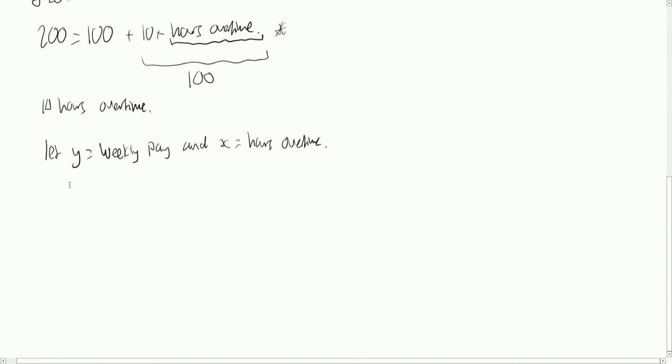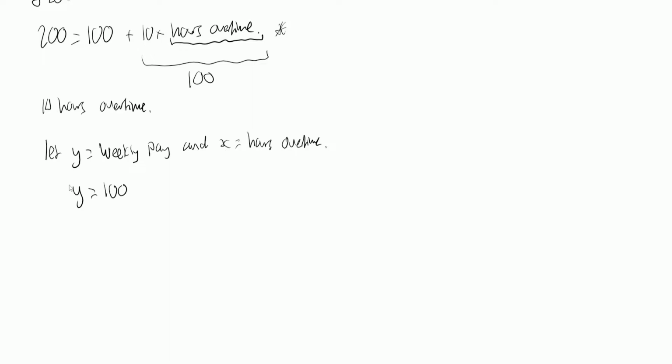This means our equation can be written as, instead of weekly pay, we're just writing the letter y. The 100 stays exactly the same. And then we add 10 times x.